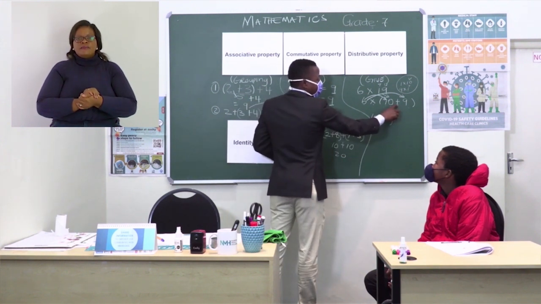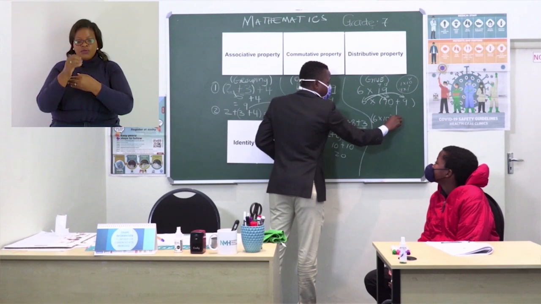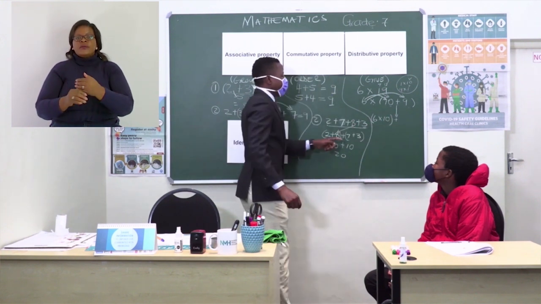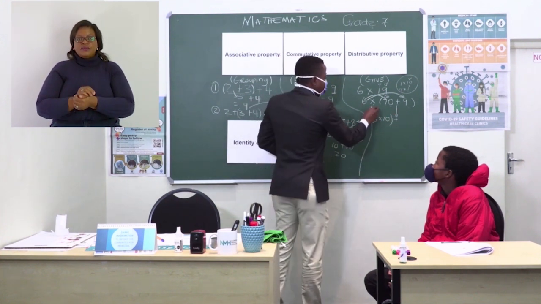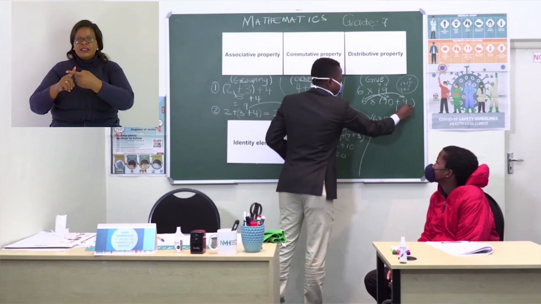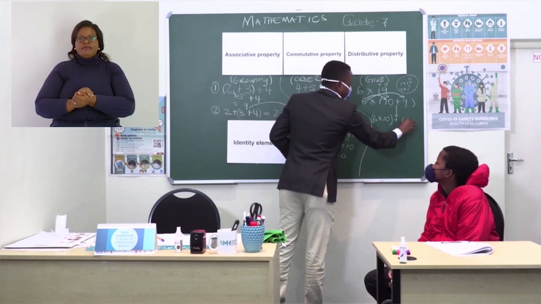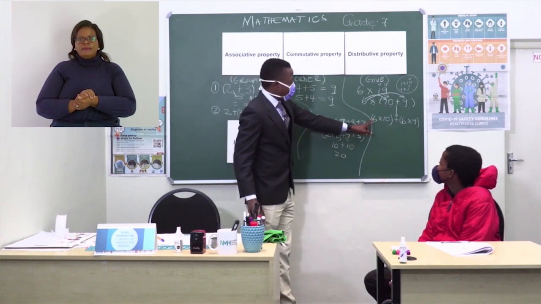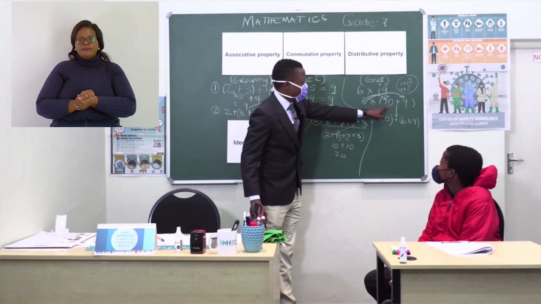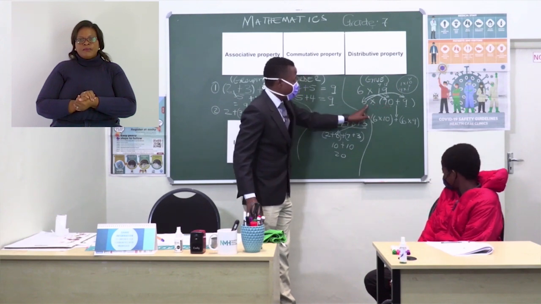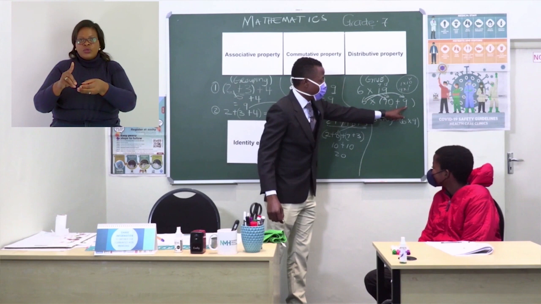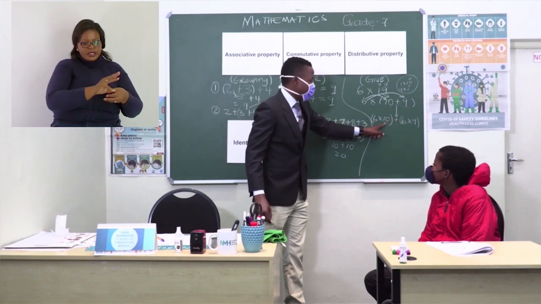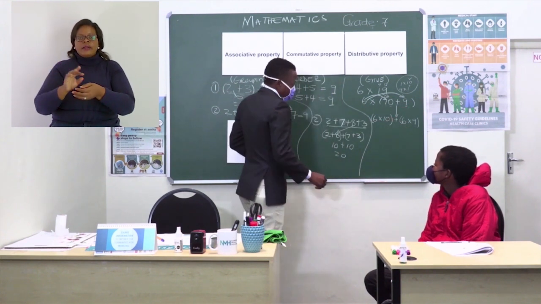There is addition here, which has to come down, plus 6 times 9. 6 given to 10, 6 given to 9. 6 times 10, 6 times 9.